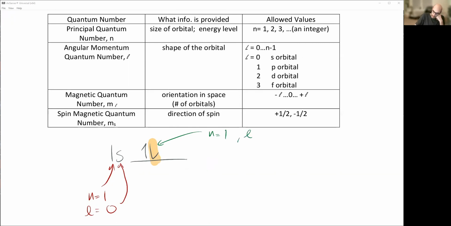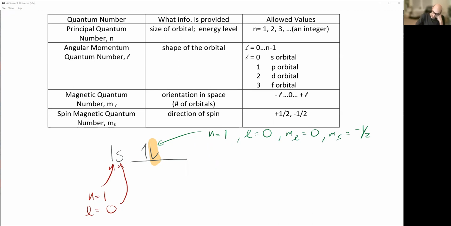What is the L value? We've already defined that. L is equal to 0. Well, if L is equal to 0, that means there's only one value of m sub L that we can have, which is 0 as well. And m sub S, well, it's spin down, so we would call that -1/2. Those are the quantum numbers that define that electron.